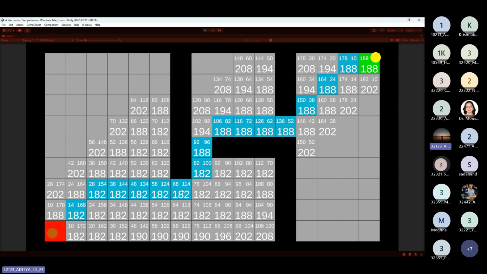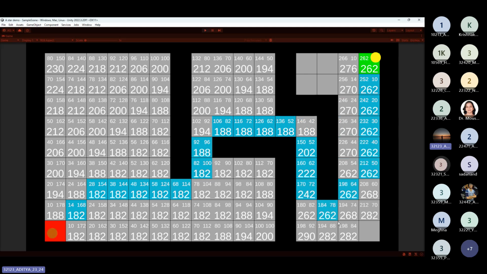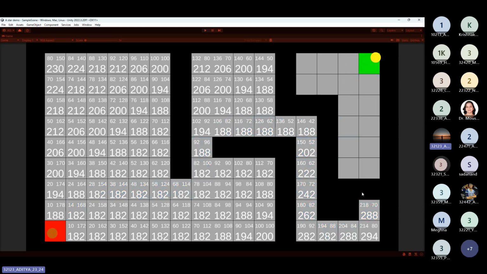So it will go from here to here and then here, as the h cost here is 82, and then it will keep searching further, and it will also navigate through different corridors and paths to reach the end goal. I can even add more paths, and even that will be calculated easily.